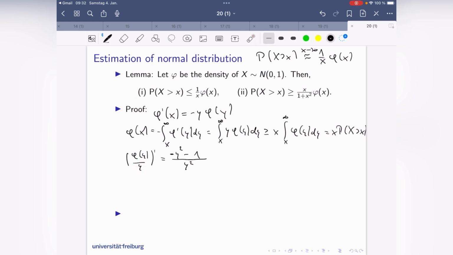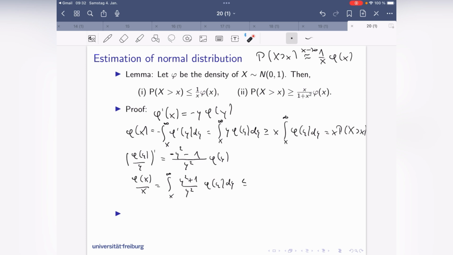So I have minus 1 here times phi of y, such that I can write again phi of x divided by x equals the integral from x to infinity of minus the derivative of this, and minus the derivative of this here is y squared plus 1 divided by y squared phi of y dy. And now looking at this function here, where is this largest?